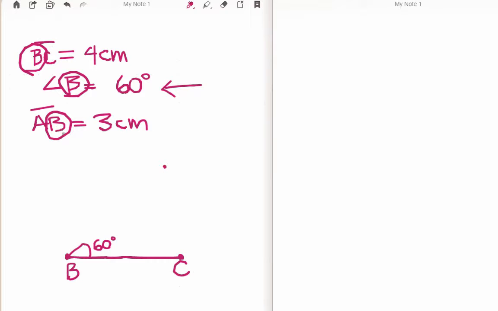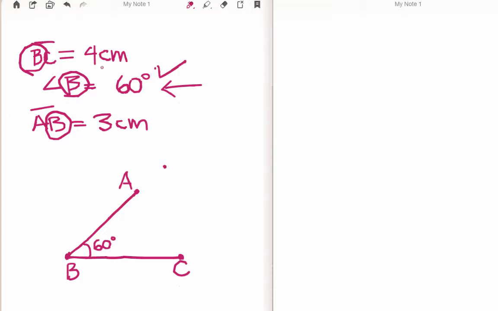Okay? Now the next direction says that from A to B is 3 centimeters. Well, it also means that from B to A is 3 centimeters. So I'm going to draw 3 centimeters. 1, 2, 3. Okay, there's my 3 centimeters. And that means I've come to point A. So I have my 60-degree angle from point B, check.